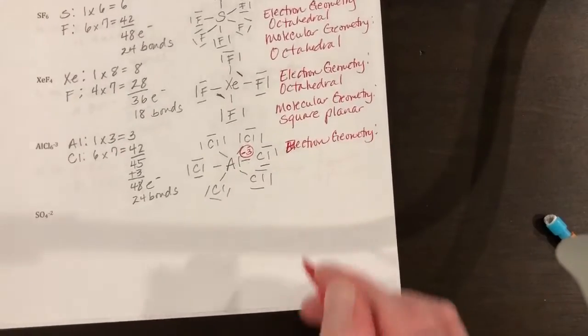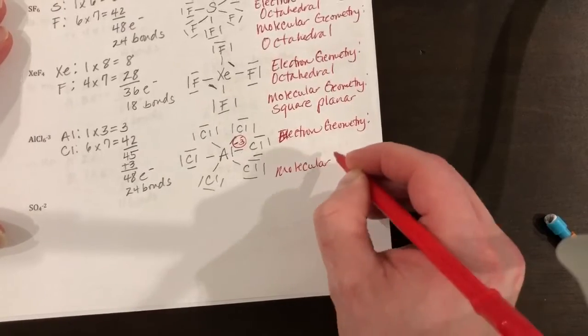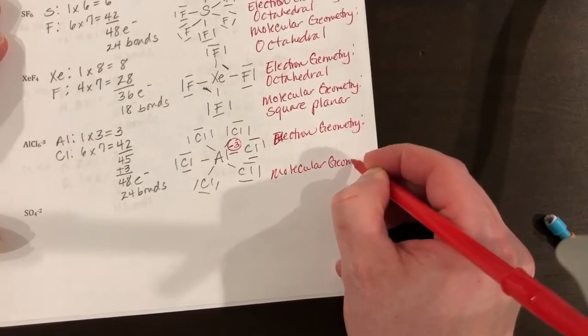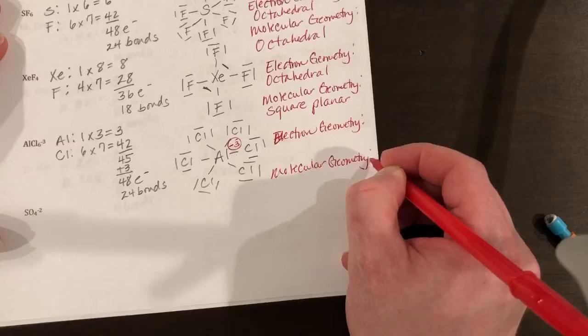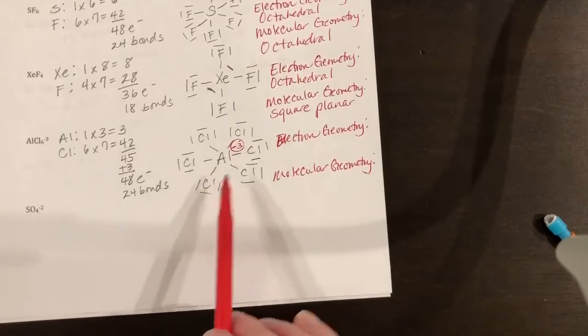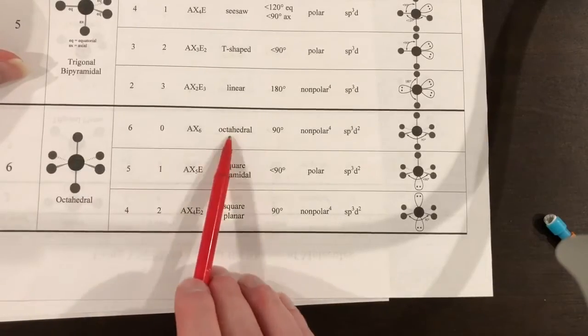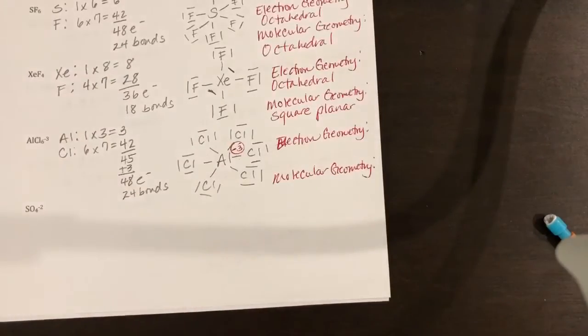So our electron geometry and then molecular geometry. Your electron geometry, we have 1, 2, 3, 4, 5, 6. So it's octahedral, and there's no lone pairs, so it's octahedral again.